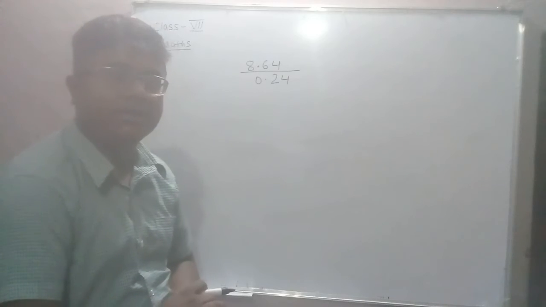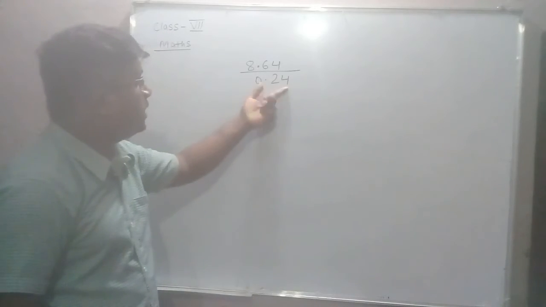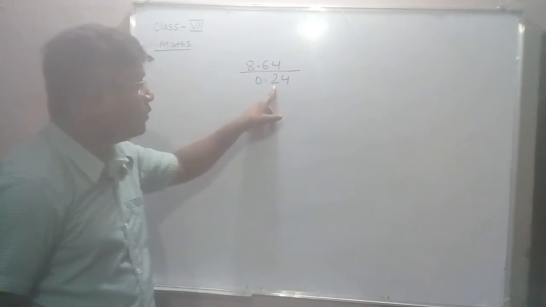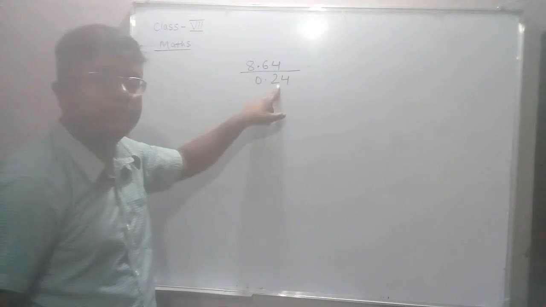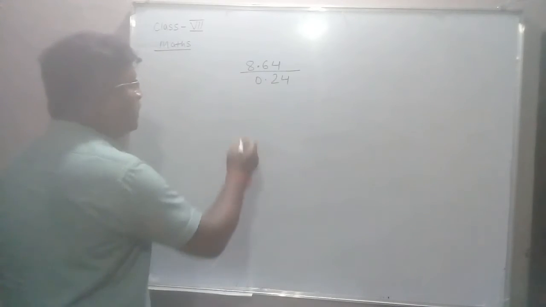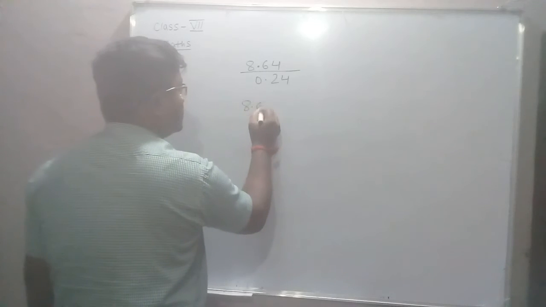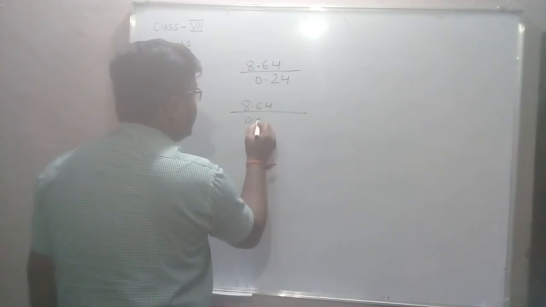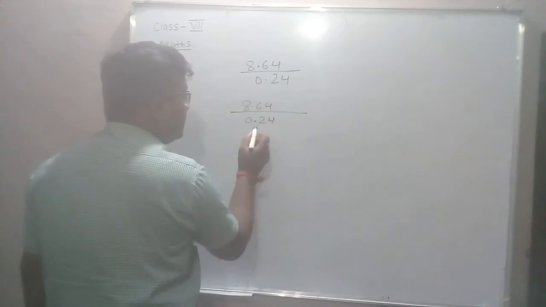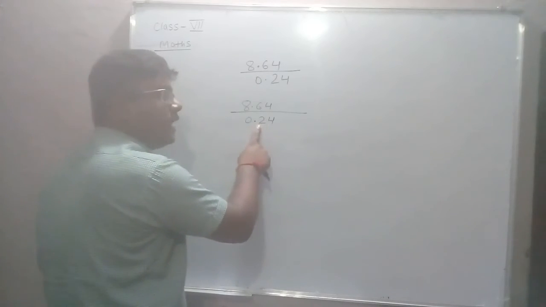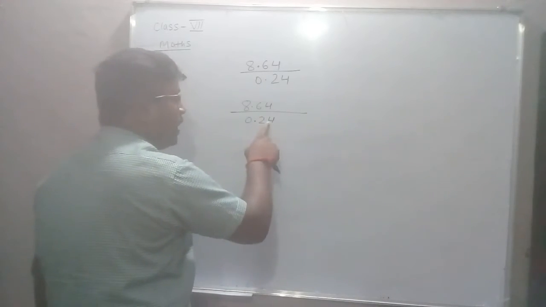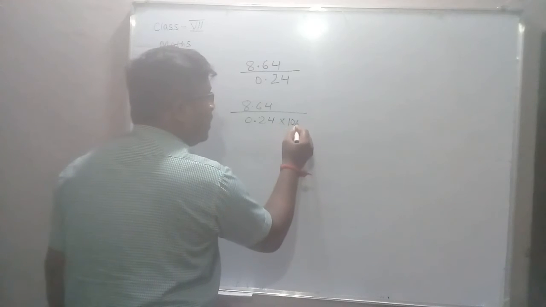So what we can do here is move this decimal. We are trying to make this 0.24 a whole number. After the decimal point, you have to see how many digits are there towards the right. 1, 2. So you multiply by 100.